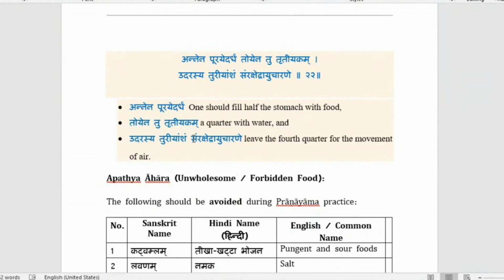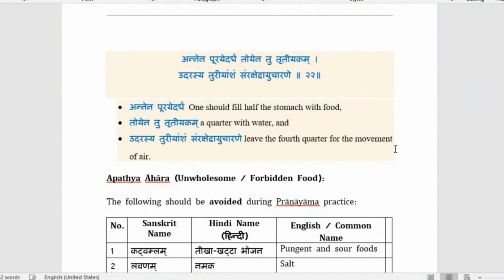Nothing else is specified, but Gherand Rishi has specified very clearly that half of the stomach should be filled with food, 1/4 with water, and the remaining 1/4 should be empty for air.